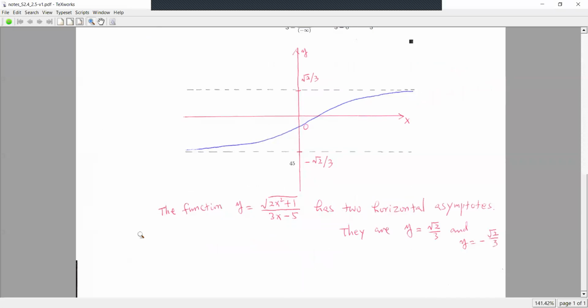So the function in this example has two different horizontal asymptotes. This horizontal asymptote's equation is this equation. And for this horizontal asymptote, the equation is this equation.